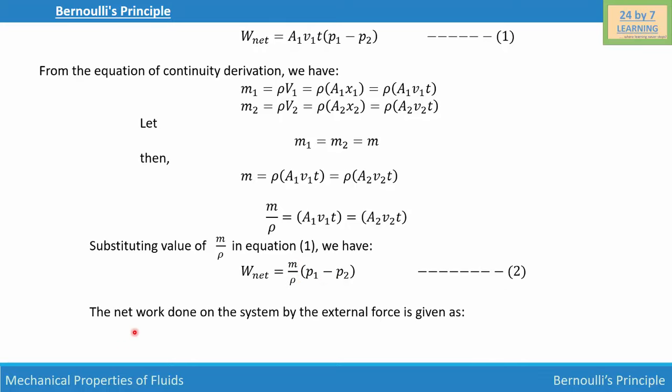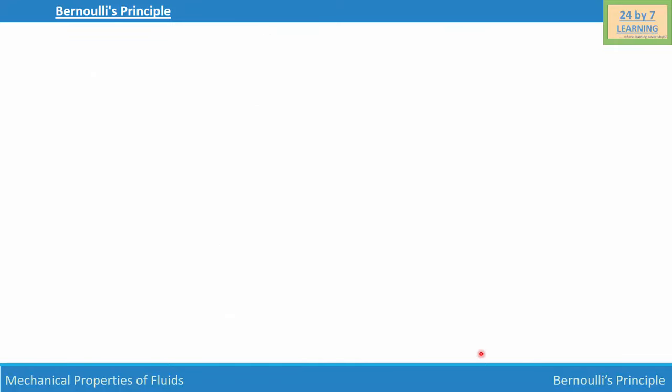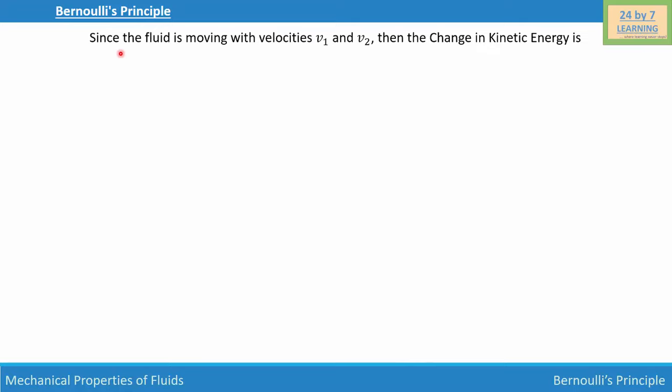Now the net work done on the system by the external force is given as W net is equal to change in potential energy plus change in kinetic energy, and let this be equation number 3. Now we know that since the fluid is moving with velocities v1 and v2, the change in kinetic energy is given as delta K is equal to 1 over 2 m (v2 square minus v1 square), and let this be equation number 4.